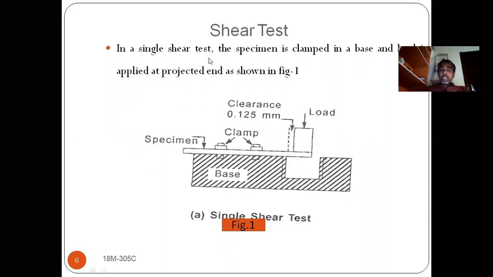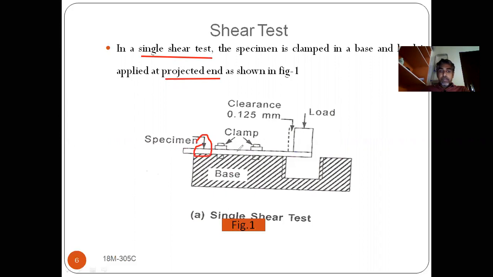See here, in a single shear test, the specimen is clamped in a base. This is the base, and the load is applied at the projected end. This is the specimen.